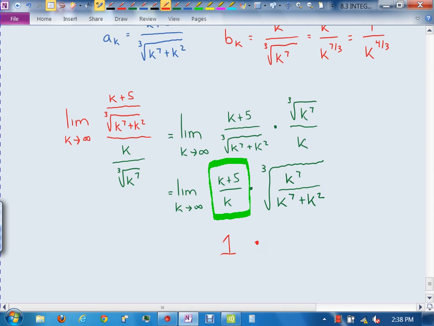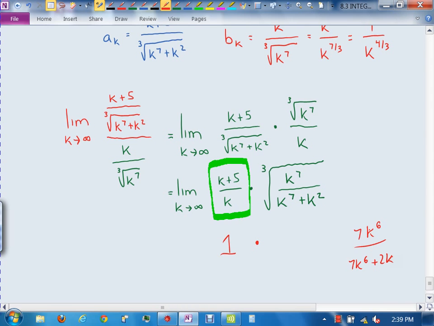What would you get if you did L'Hopital? 7k to the 6th over 7k to the 6th plus 2k. That's infinity over infinity, so you go again. You would get 42k to the 5th over 42k to the 5th plus 2. So infinity over infinity. You go one more time, and it would basically turn into 1.